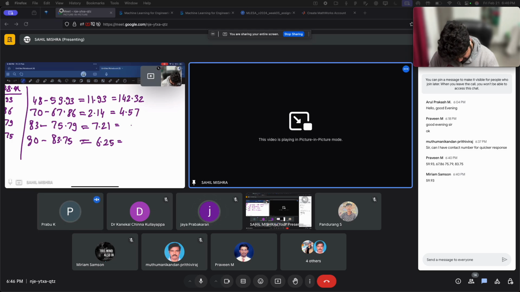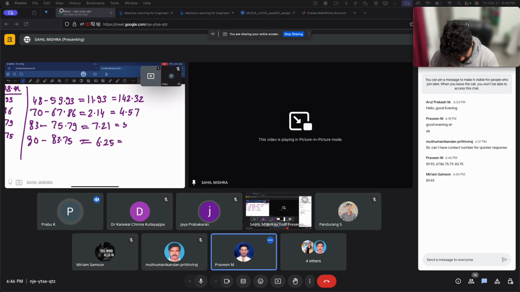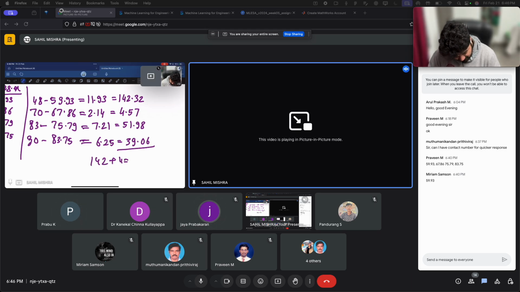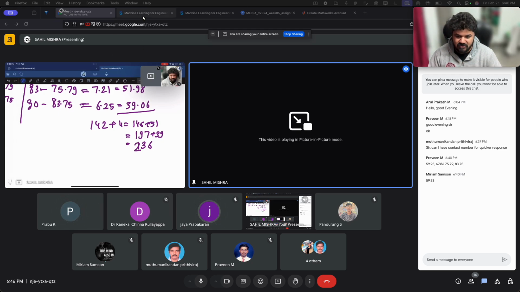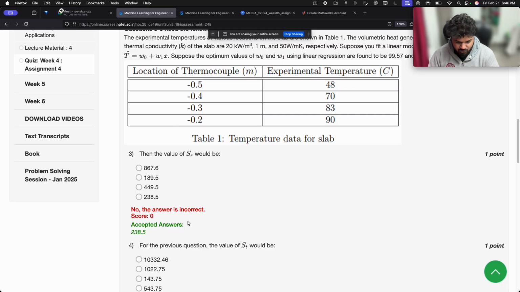Then 4.57. 142 plus 4 is 146, plus 51 is 190. 7 plus 39 is 236. I'm just doing a rough estimation. Rough estimation gives an answer close to 238. If you add properly, it will give you 238.47, something like that. That is the correct answer.